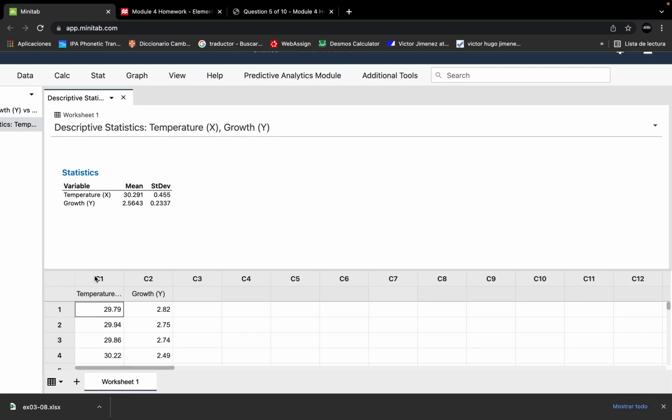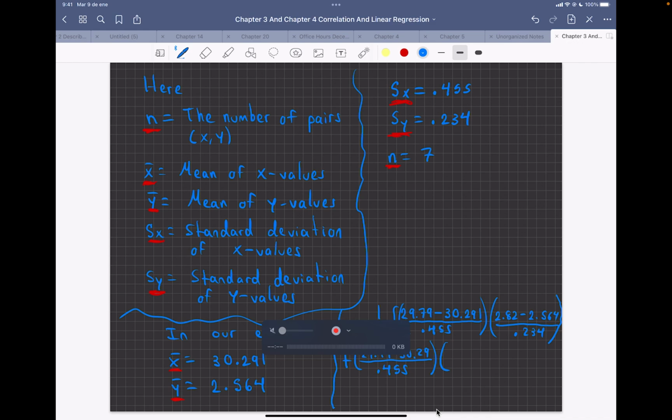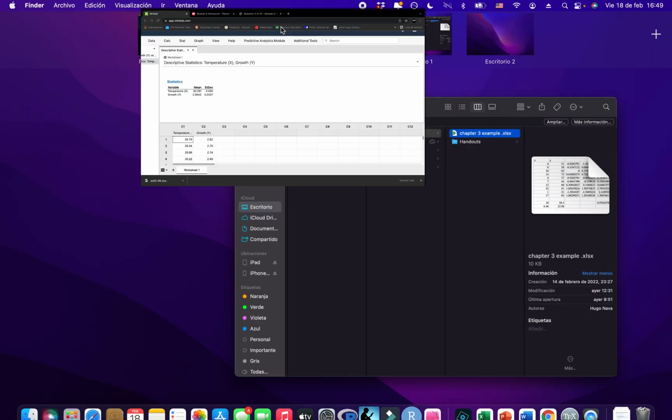What is the second y value? 2.75 minus the mean of y, 2.564, divided by 0.234, and so on. Is that okay? And so on until you cover all the x and y values.